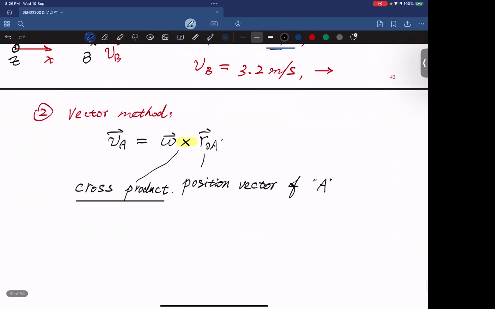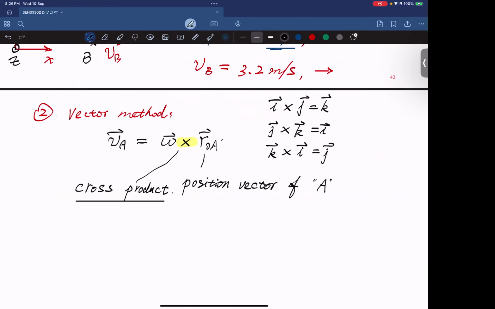For the cross product, we just remember the cross product of i, j and k. For example, i cross j must be k. j cross k must be i. And k cross i must be j.